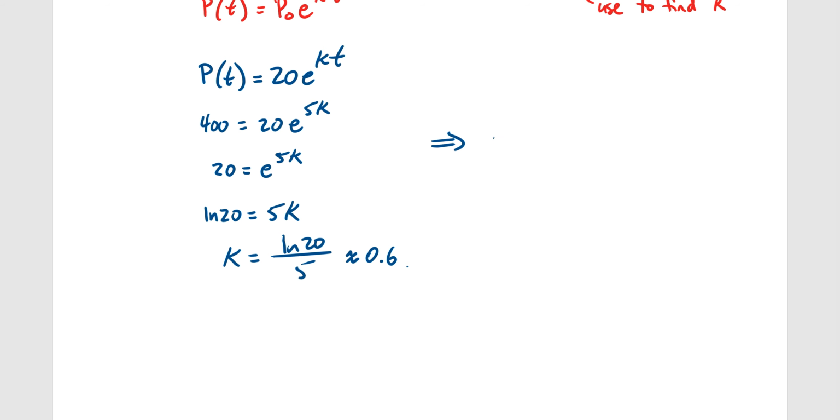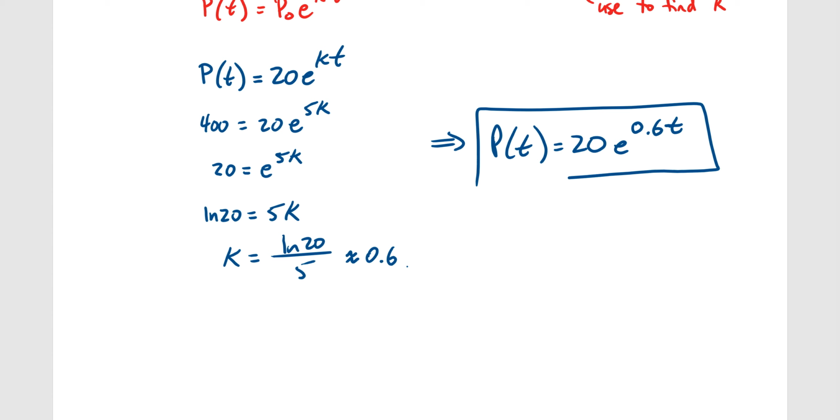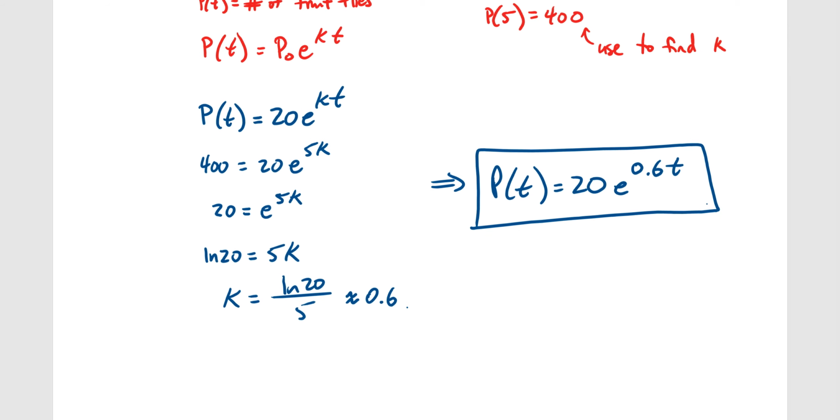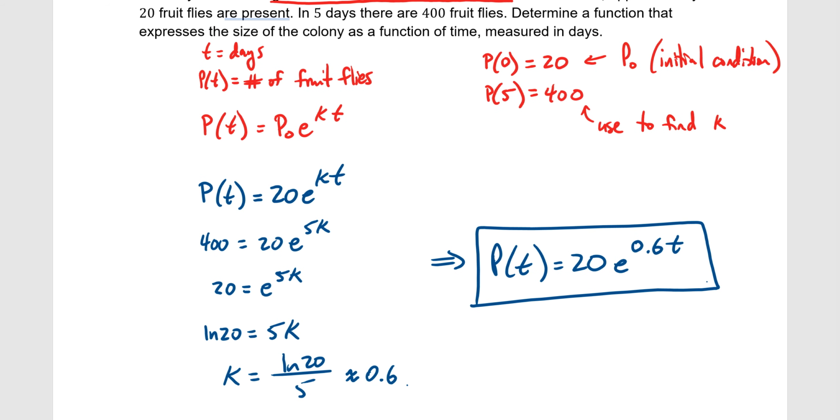So this is going to end up being P of t equals 20 e to the 0.6t. We plug in for k, and we also have our initial value of 20 in here as well. Okay, so that is our function that expresses the size of the colony as a function of time.